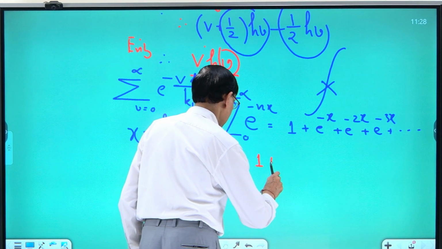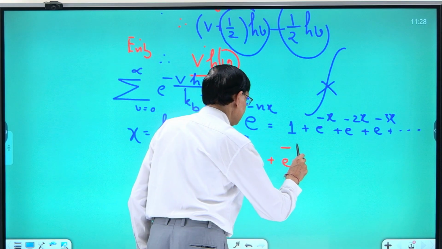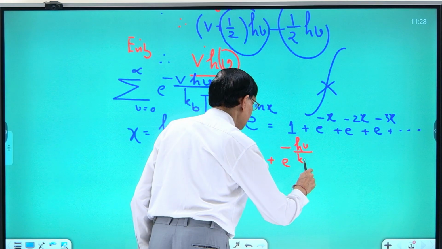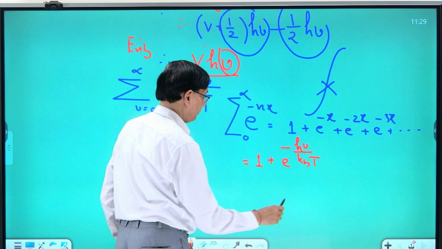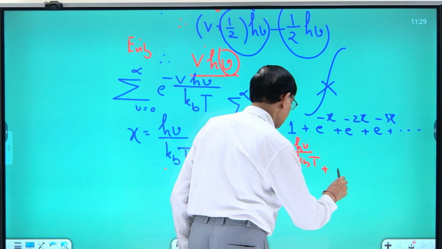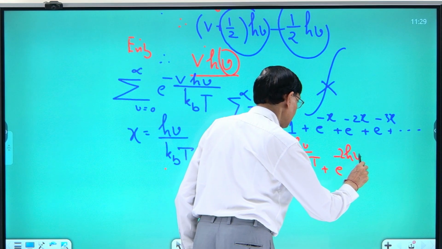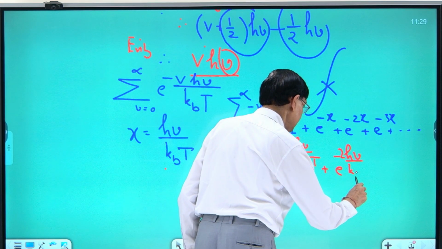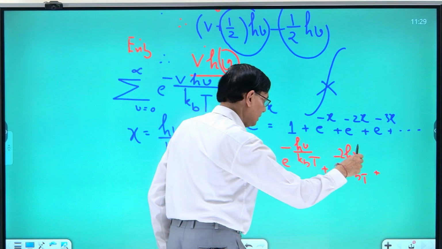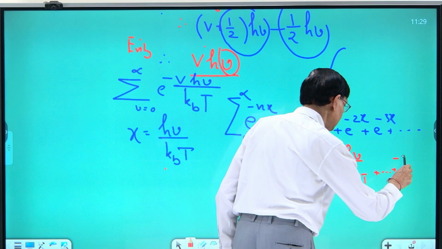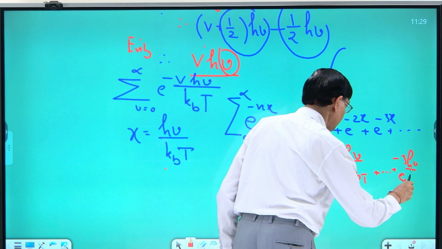1 plus minus h nu divided by kBT, very simple, plus 2h nu over kBT, and so on, n h nu, 3h nu over kBT.